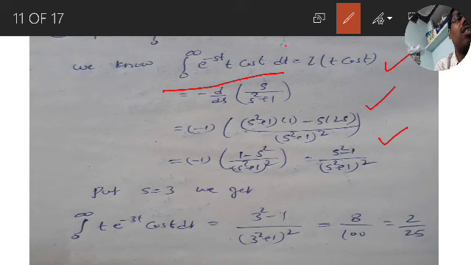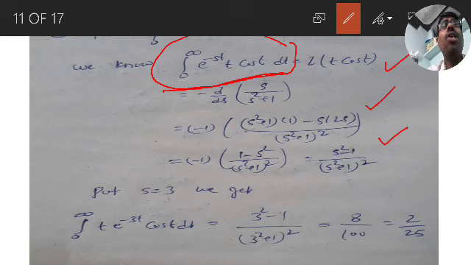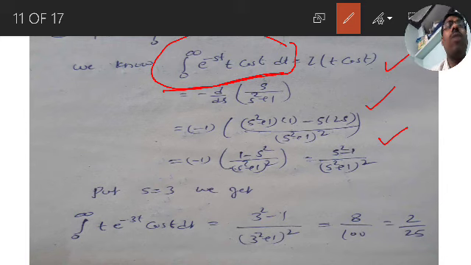This is the value of this integral. Integration 0 to infinity e power of minus st into t cos t dt is s square minus 1 by s square plus 1 whole square. To obtain the value of the given integral, put s equal to 3.